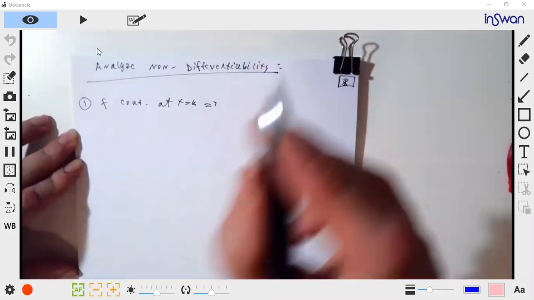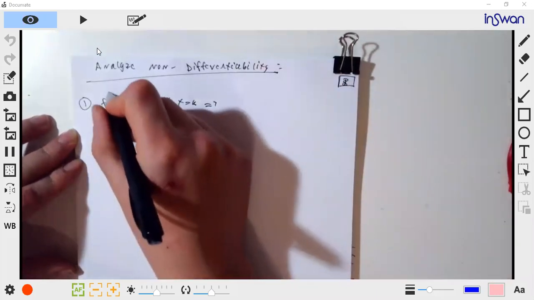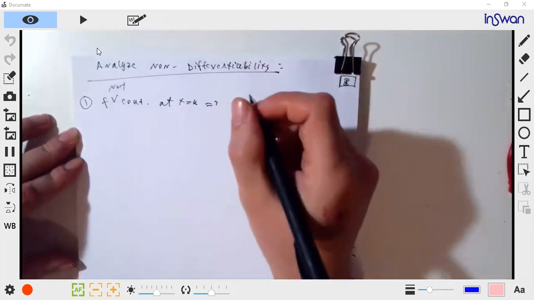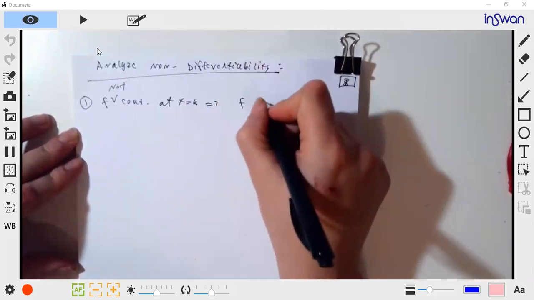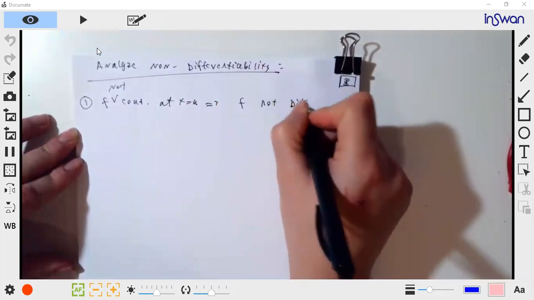I think this should say if f is not continuous at x equals k, that means f is not differentiable.